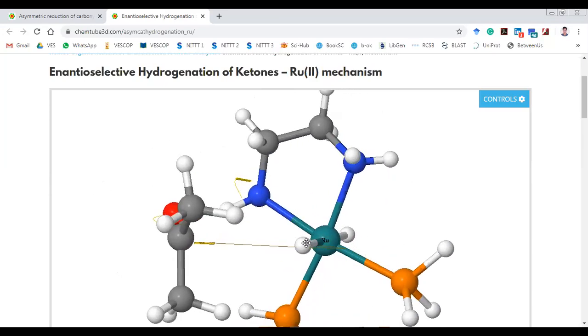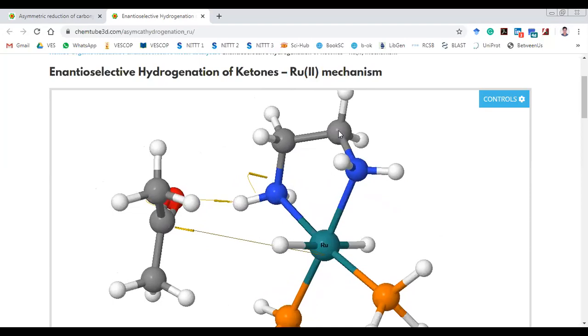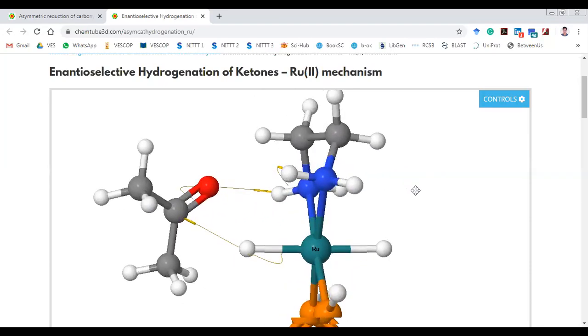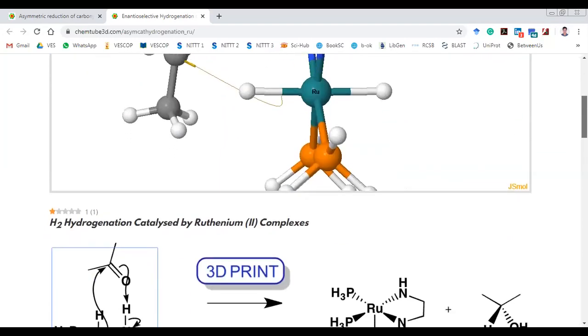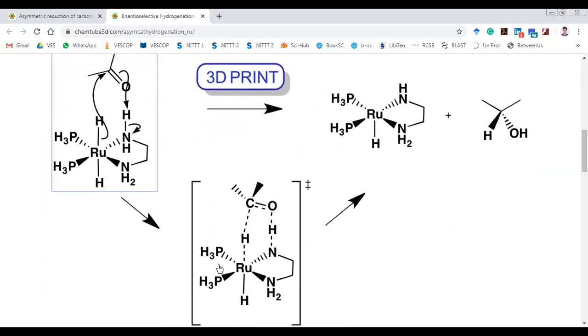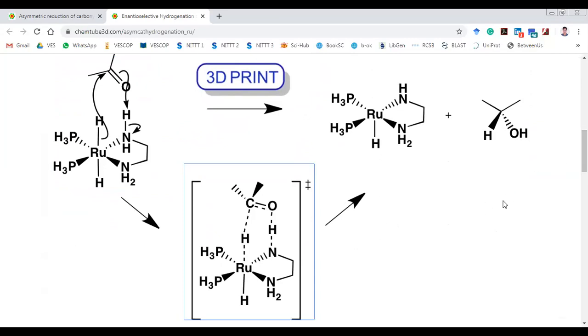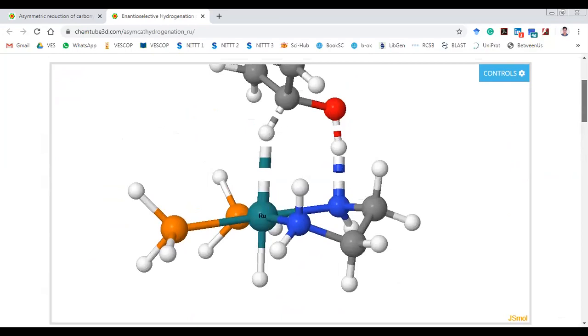And this is when you are using a chiral ligand which is an SS type of chiral ligand. You'll get a complex here which is slightly similar to a cyclohexane, or a different conformation of a cyclohexane.